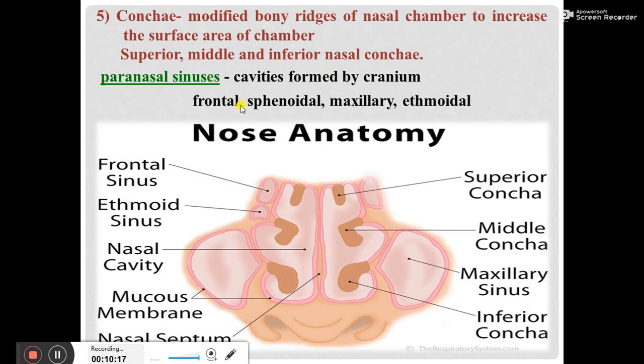I have a sinus problem. I am suffering from sinusitis. This is nothing but these cavities getting infected, and we get irritation or inflammation, and this is sinusitis. So which are these cavities? They are frontal, sphenoidal, maxillary and ethmoidal. You should all know the names very well.